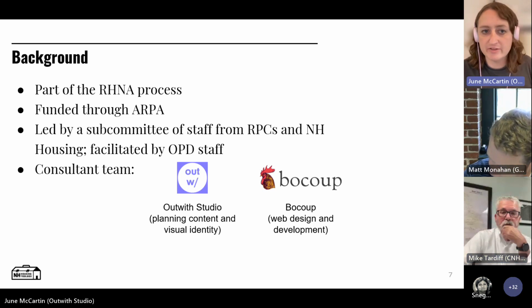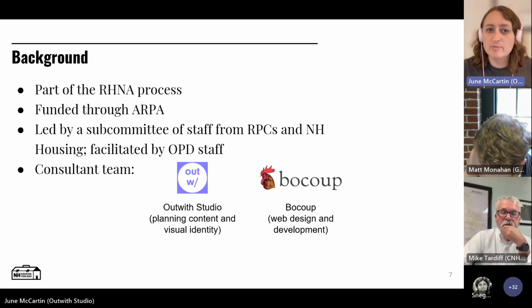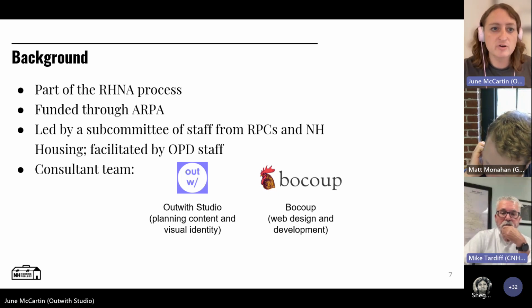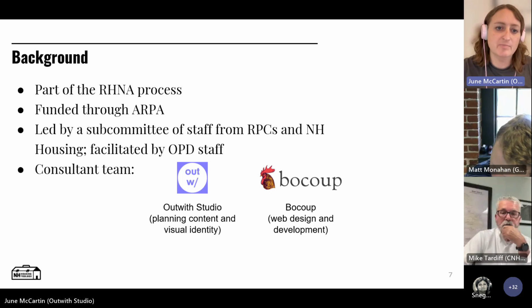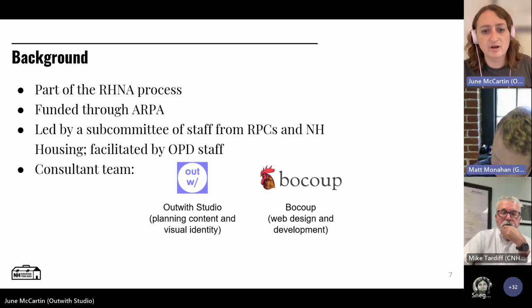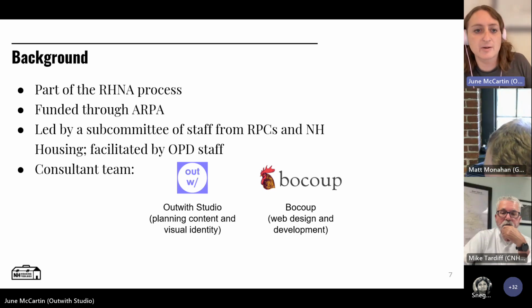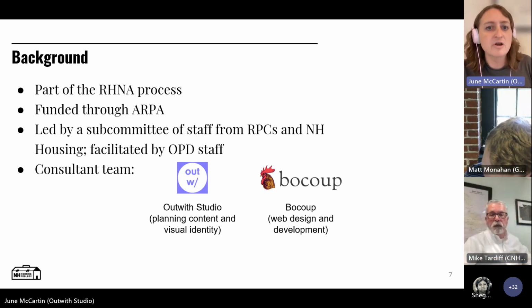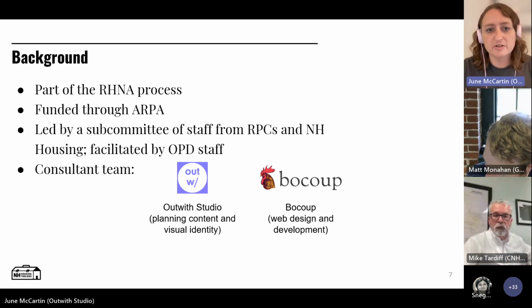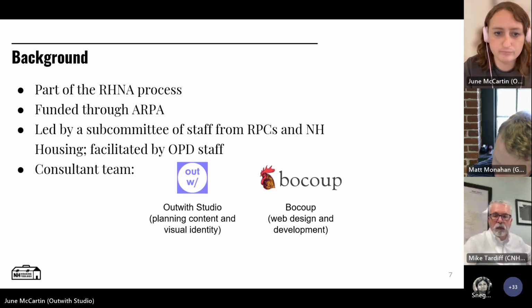The toolbox was put together by a subcommittee of staff from RPCs from around the state and some staff from New Hampshire Housing, and facilitated by the Office of Planning and Development at the state level. Two consultant firms, my own Out with Studio and Boku, aided in this process. Out with Studio handled the content and visual identity, and Boku was our web developer.